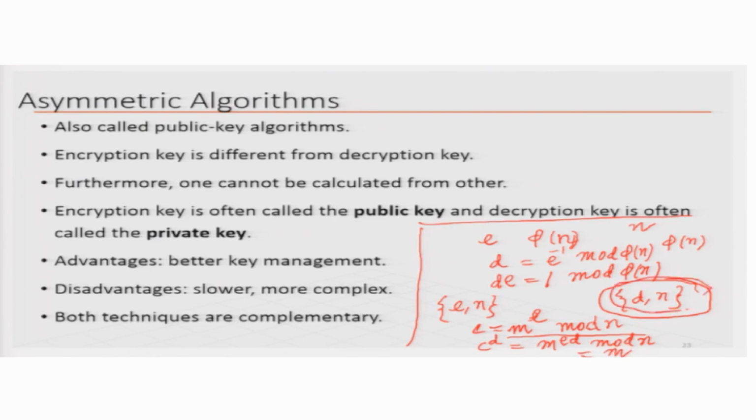I keep d and n, so nobody else knows d, and it is difficult to know d unless you know phi n. But how do you know phi n? Because phi n is p minus 1 times q minus 1. To know phi n, you have to first factor n into p and q, then you can get p minus 1 and q minus 1. So, that is the whole idea of RSA asymmetric cryptography.